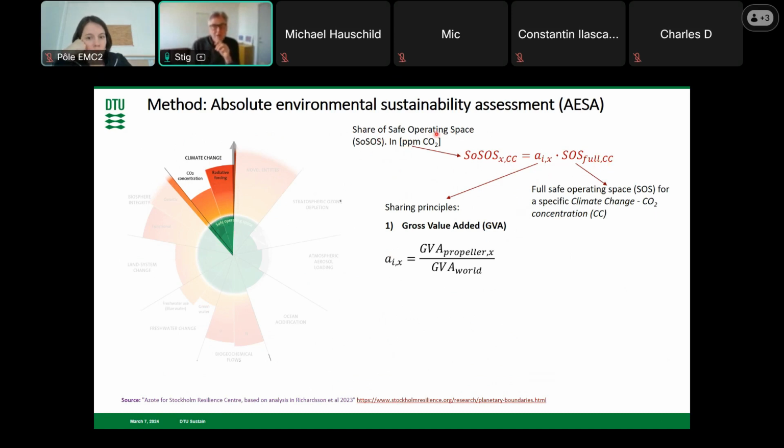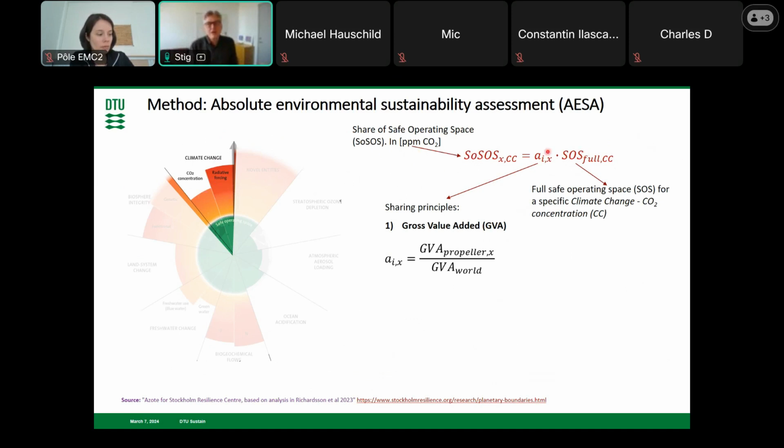So the share of the safe operating space taken up by the product is the full safe operating space, meaning how much CO2 can we emit to the atmosphere in one year as a whole global society. And what is the share from our product here?